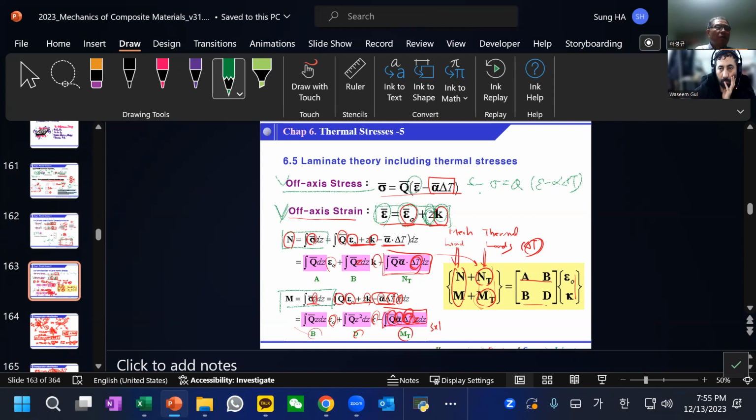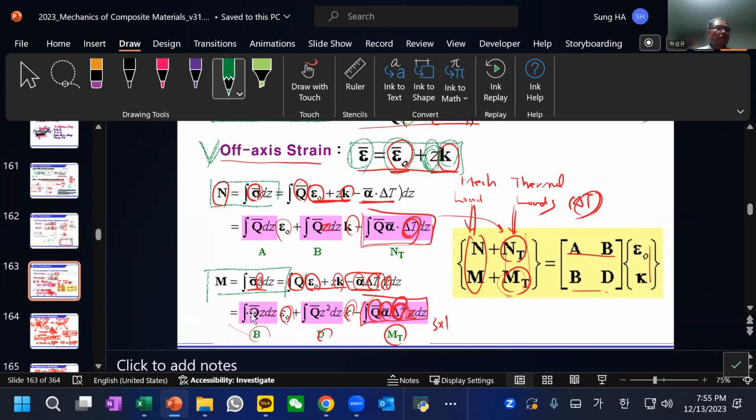So in-plane load N should be the summation of all the off-axis stress through the thickness. And bending moment is the same thing, but here the only difference will be the Z. We need to multiply Z here to get the moment. So note that there is a Z there.